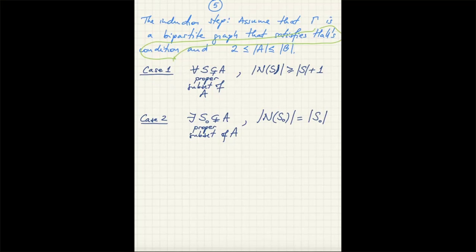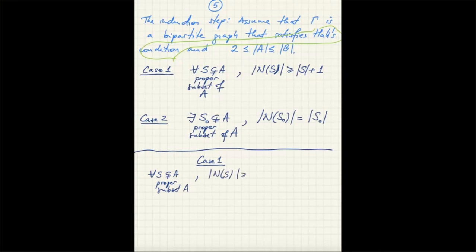So let me do case one. Again, we have for any proper subset S of A, the neighborhood of S is greater or equal than the cardinality of S plus 1. So what do we do here? Let's draw a picture.